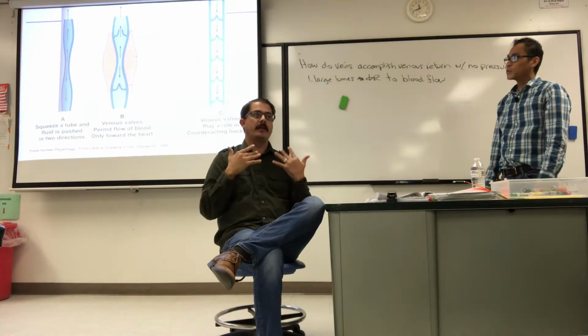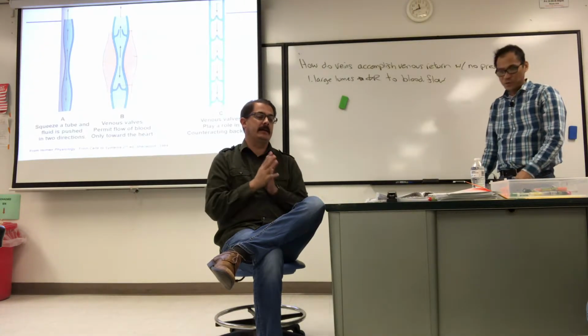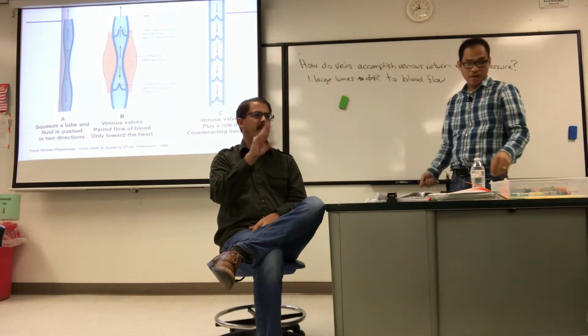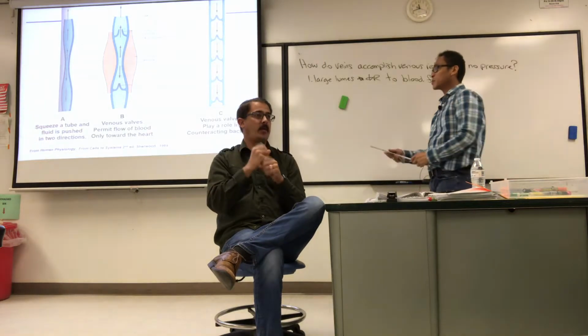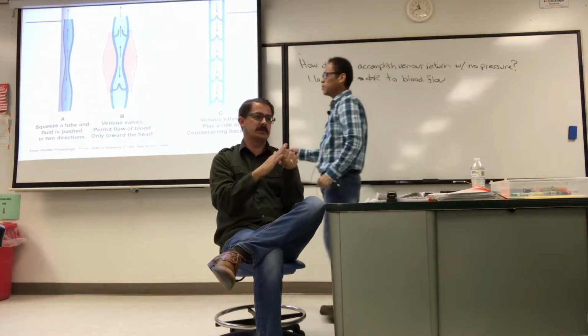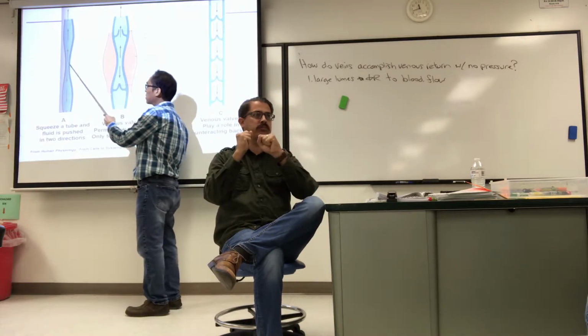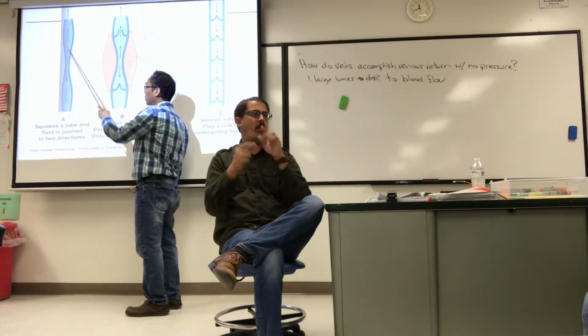And so this shows what happens when you squeeze a tube full of fluid. What happens with and without valves, with and without muscles squeezing the tubes. If you just squeeze a generic tube and there's no valves in it, you're squeezing blood or fluid up and down.